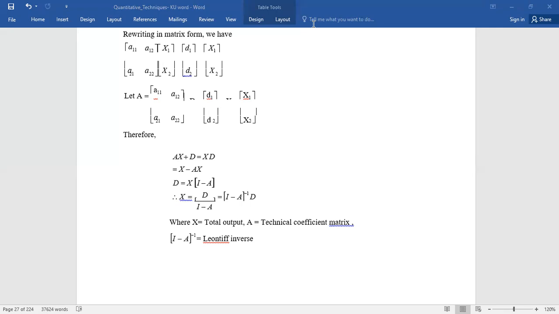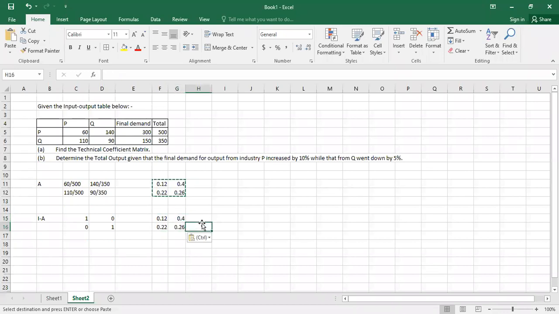We are doing this minus this before you get the determinant. Can we do it together?